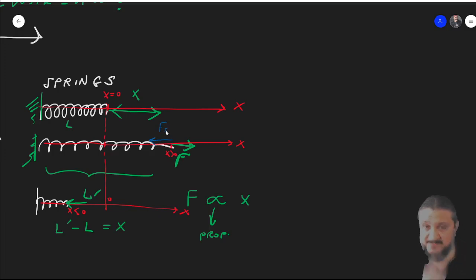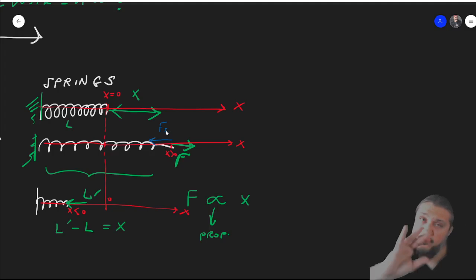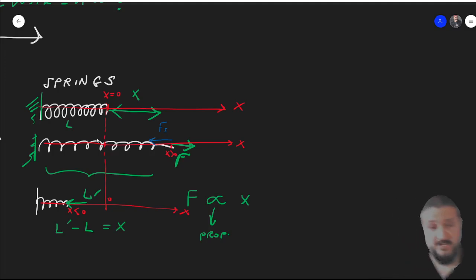Fs, how about that? S stands for spring or restoring or elastic, whatever you want to call it. And when I'm compressing the spring, I'm pushing it to the left in this picture, but the spring pushes my hand to the right, according to Newton's third law. So Fs is to the right.